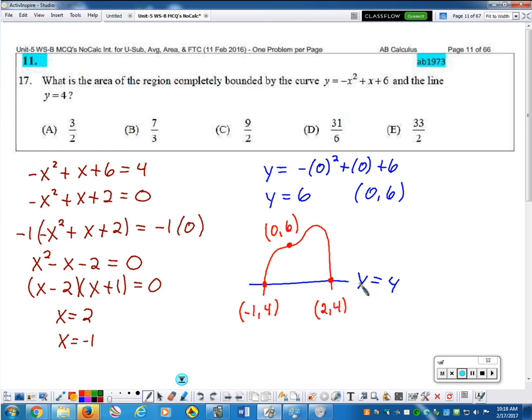So the curve either does this or this, and I'm trying to figure out which. So I picked an x coordinate between, and I picked the easiest one, 0. Braden, what's this xy coordinate right there? 0, 4. So I know the line's y coordinate. I just went and found the curve's.